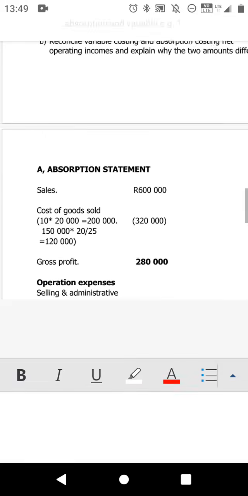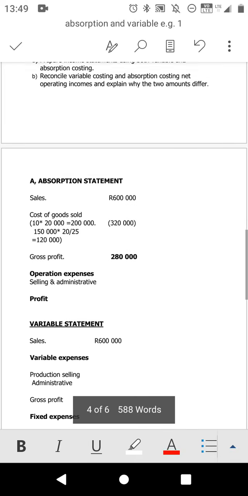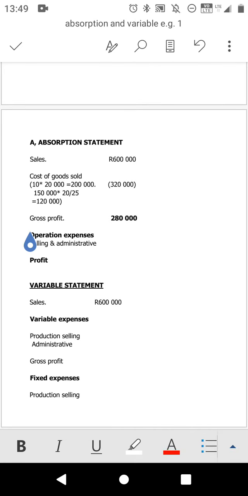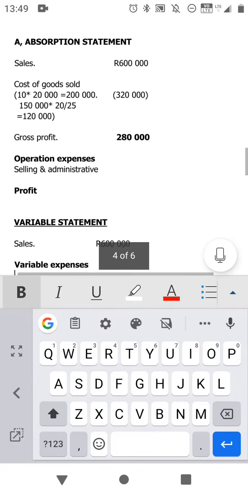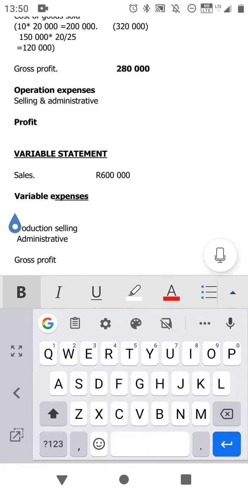Now let's go to variable. Remember, variable includes only variable amounts.